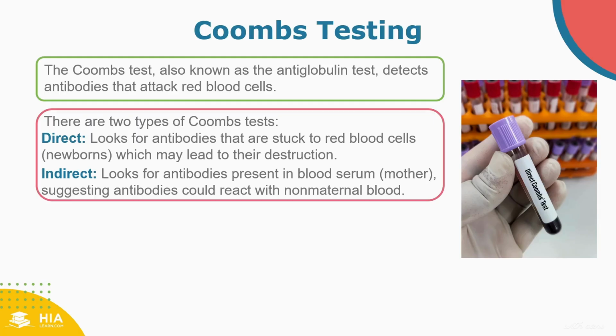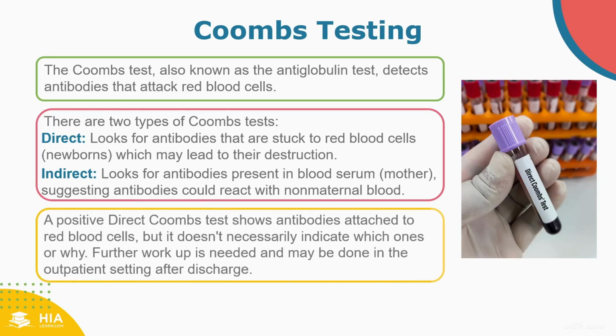It's important to remember that a direct Coombs test is simply a lab test to establish the presence of antibodies on red blood cells. The test does not identify the type of antibody or what its presence means. Additional workup is needed to make a definitive diagnosis of the patient's condition, which may take place in the outpatient setting after the newborn is discharged from the delivery admission.